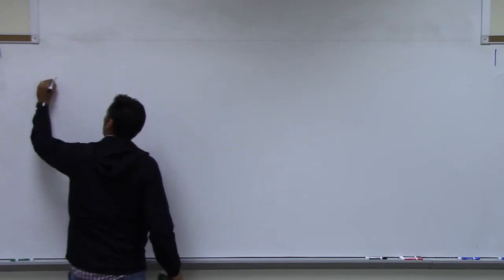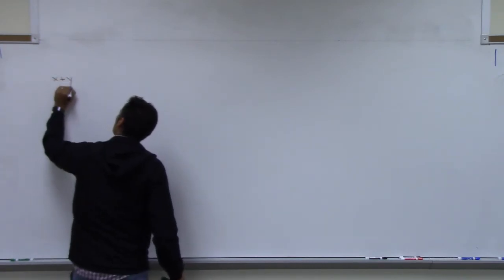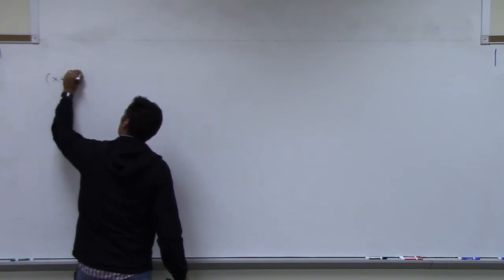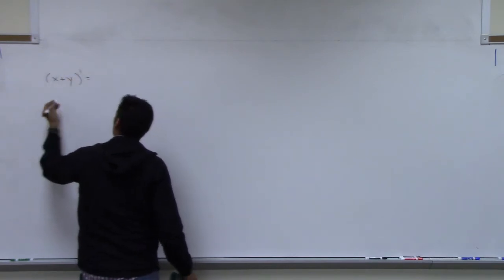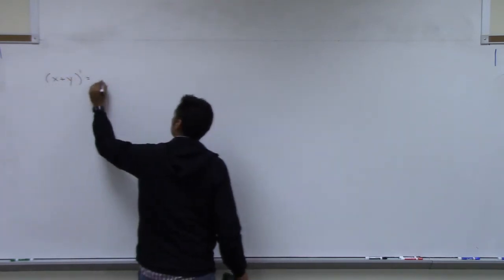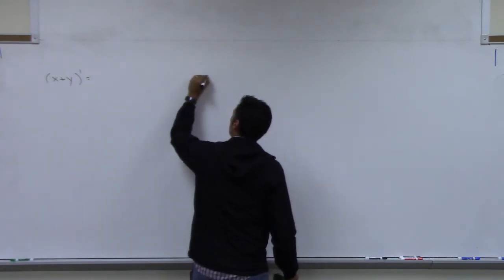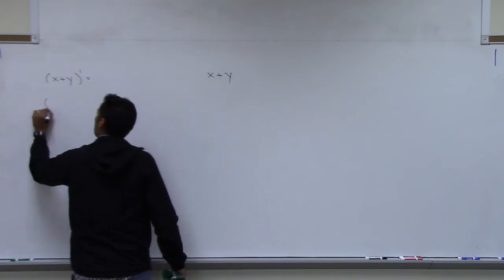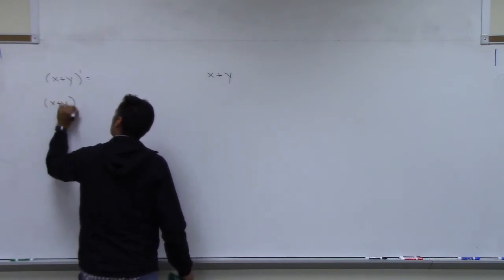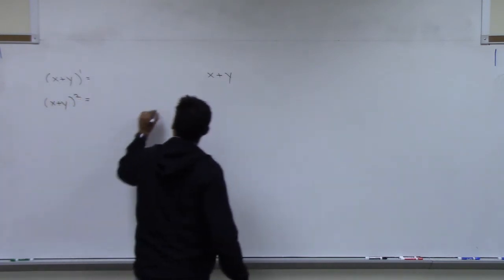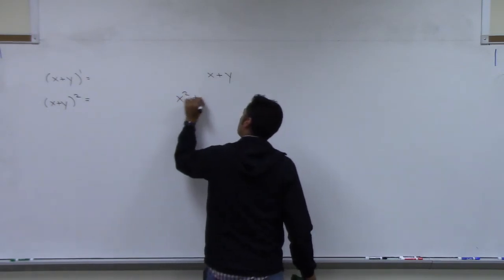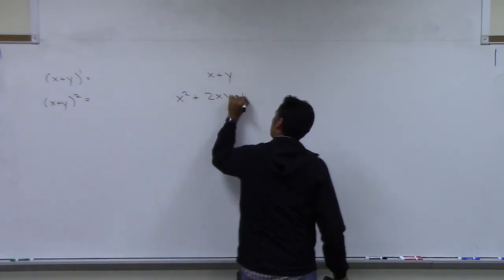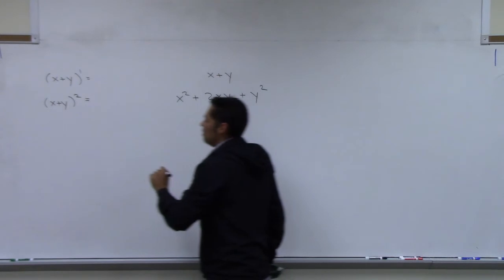Okay, what is x plus y to the first power? X plus y. If you've seen this before, please don't spoil it for everyone else. X plus y squared is x squared plus 2xy plus y squared.